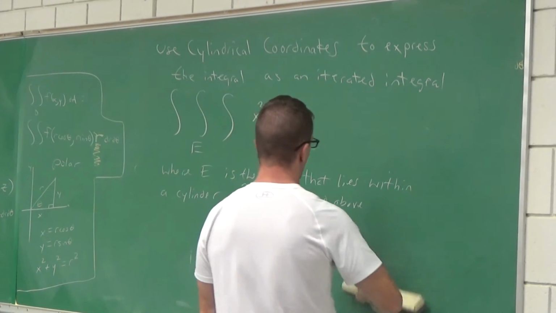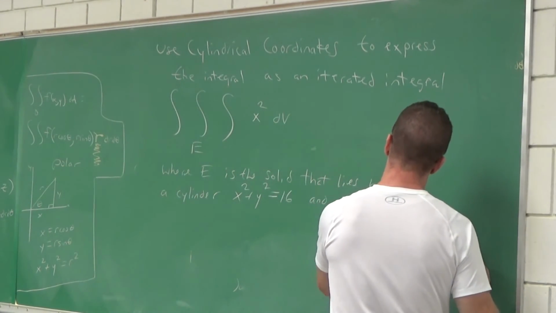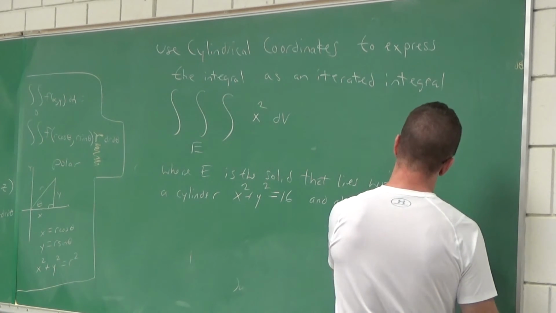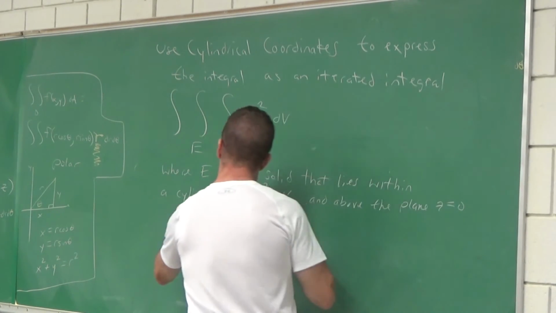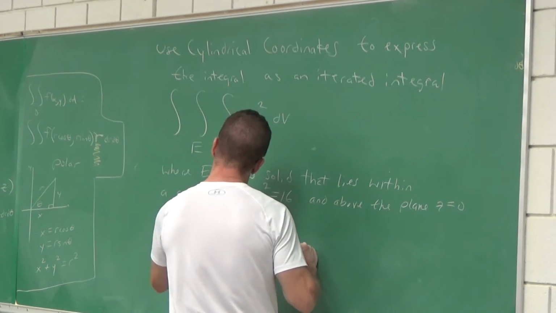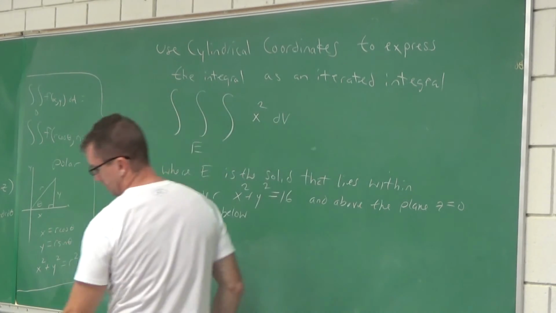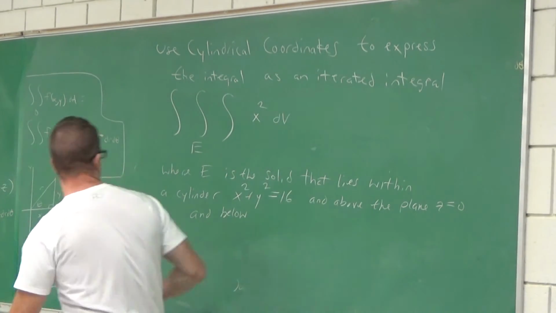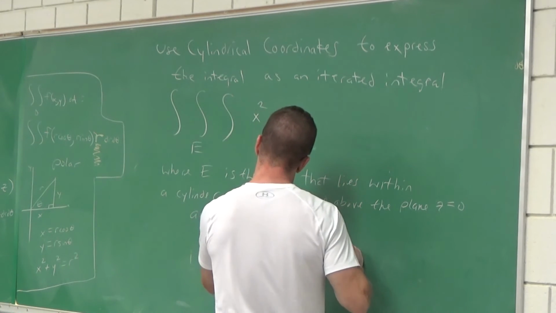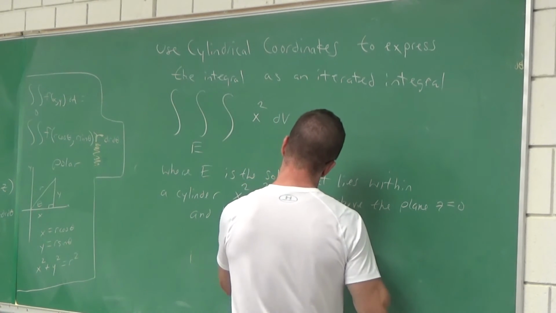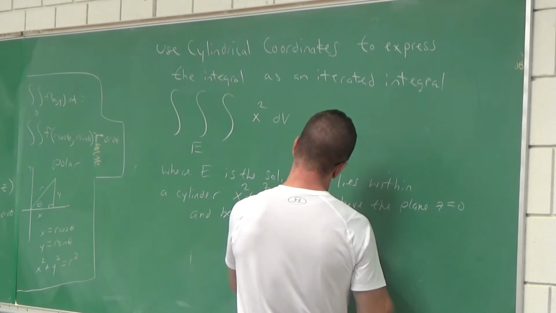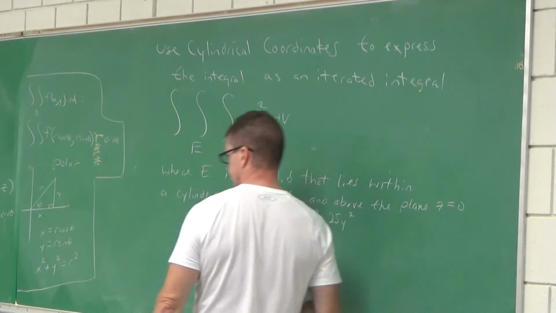When they didn't say by the plane, it's above the plane z equals 0. And below, when they give the equation of a cone, z squared equals 25x squared plus 25y squared.